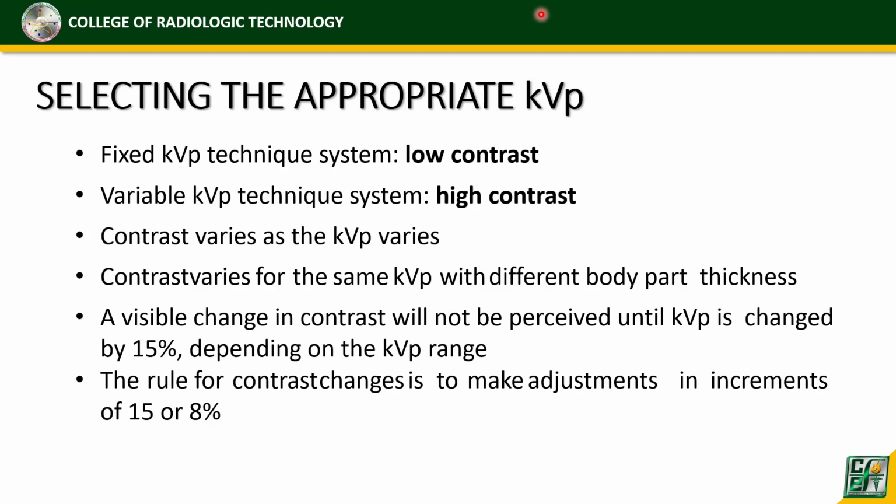Kaya nga dyan papasok yung ating 15% rule. Para same pa rin siya ng density, okay? Yun nga lang, ang i-adjust natin is the KVP and MAS. Okay? So when we increase 15% ng KVP, anong gagawin natin sa MAS? In order to have the same film density, idodouble ba?